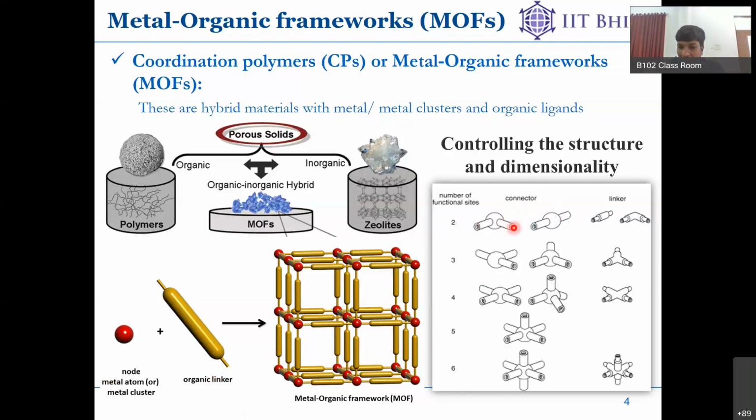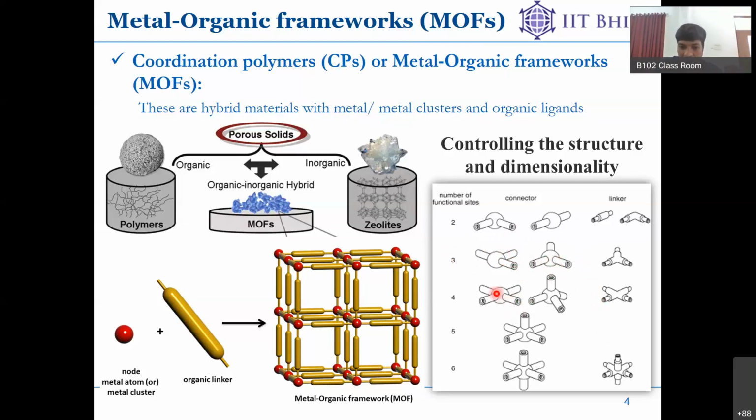You have connectors. A connector is nothing but a metal node here. It can be bonded to 2 linkers either in a linear manner or an angular manner. Similarly, the metal node can have a coordination geometry of 3, coordinated by 3 linkers, and that too has different geometries such as T-shaped and trigonal planar.